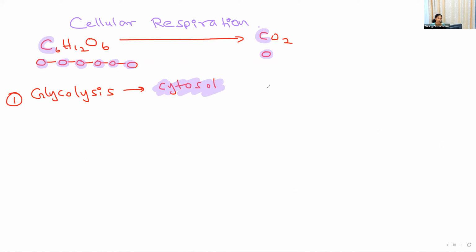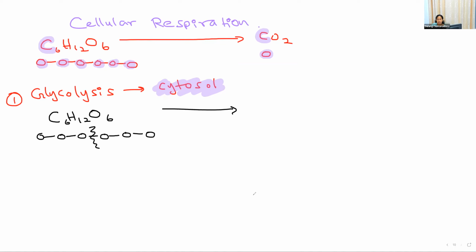So I'm going to start breaking down the glucose. We're taking the 6 carbon glucose molecule and we're going to split the glucose in half. Write down the number of carbons in the product.